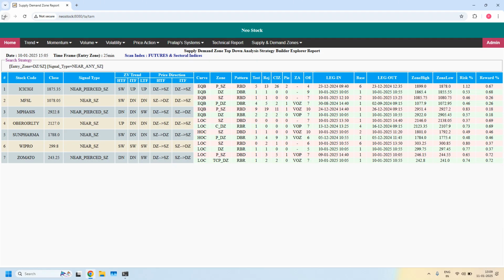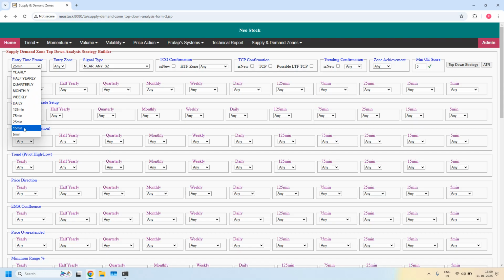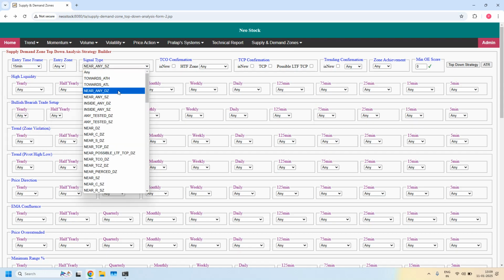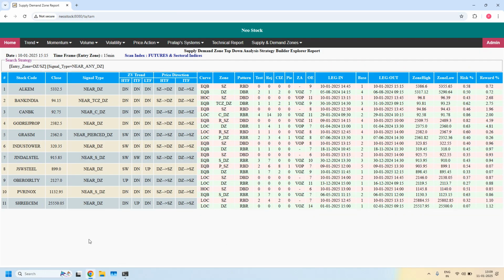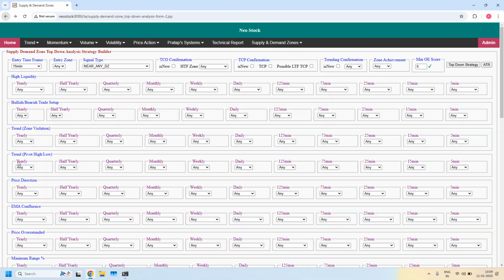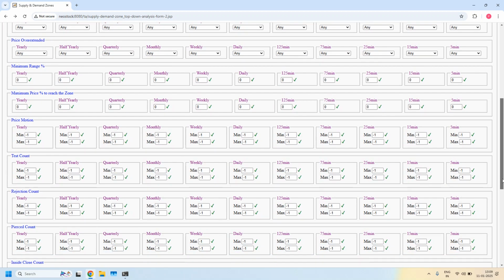Okay, the next time frame is 15 minutes. Stocks near 15 minutes demand zone. We got 11 stocks. Let us further filter this list based on the LTF and ITF demand zone confluence.